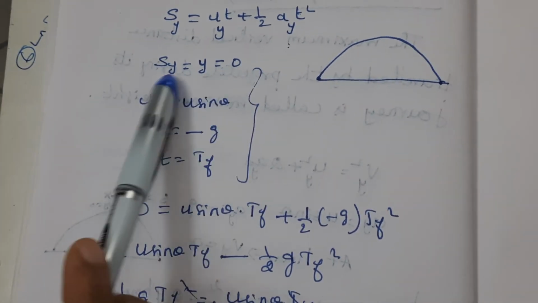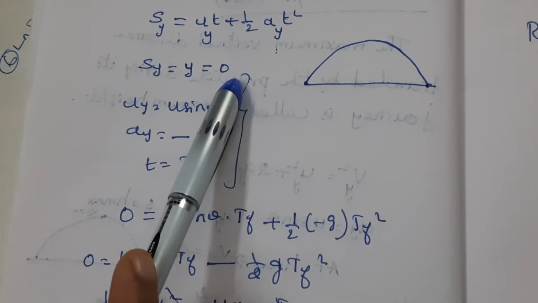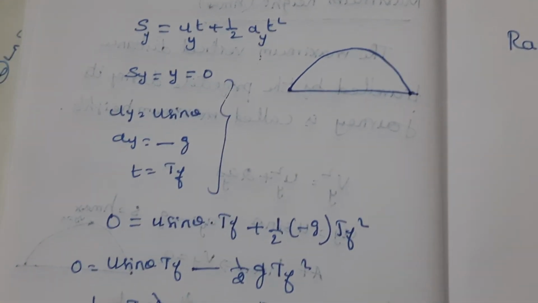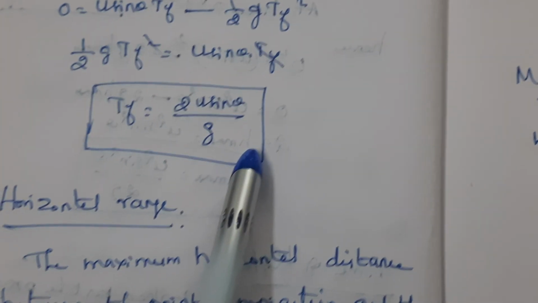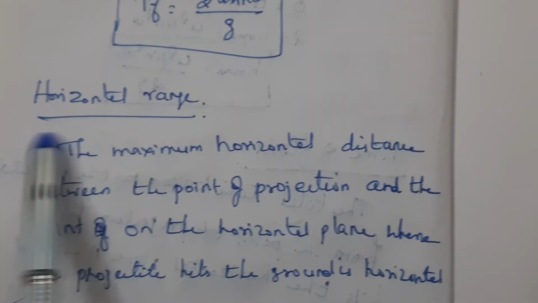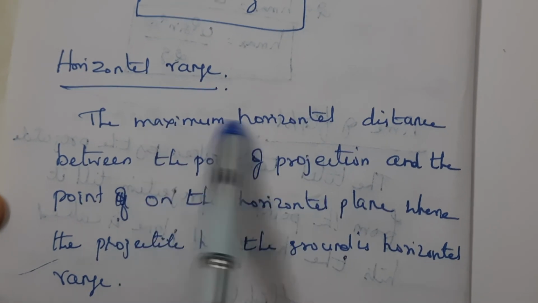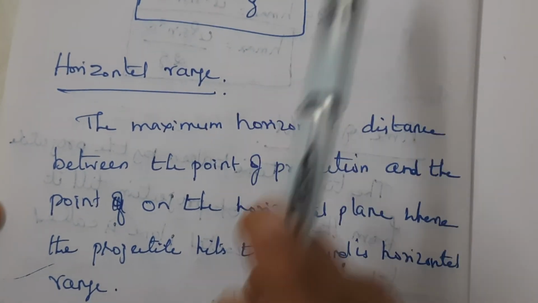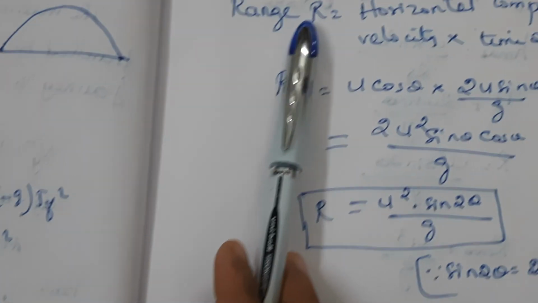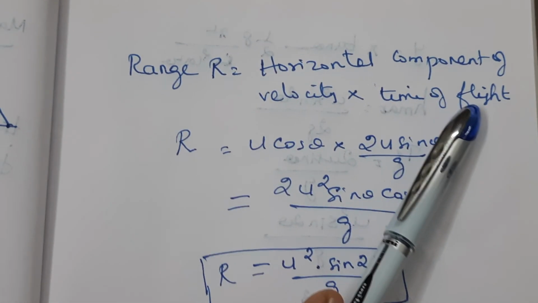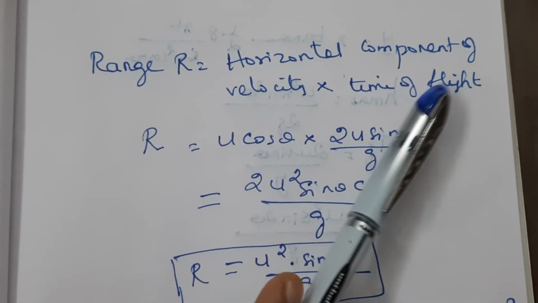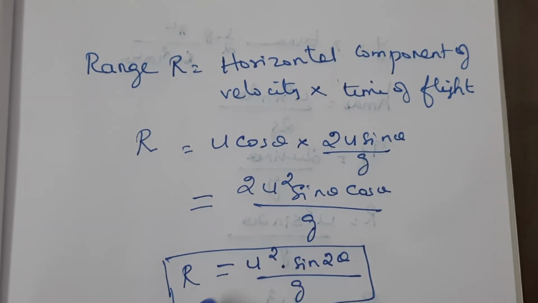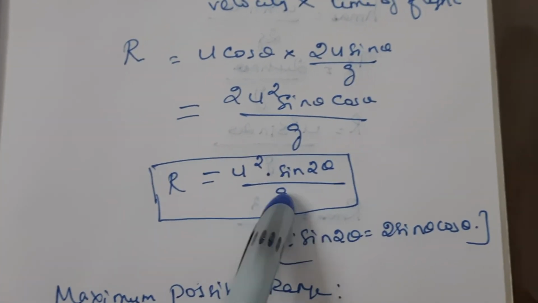Here the sy, that is the net displacement, is equal to 0 and we got tf equal to 2u sin theta by g. Then the horizontal range, that is the maximum horizontal distance, can be written as R equal to horizontal velocity into time of flight. So R equal to u square sin 2 theta by g.